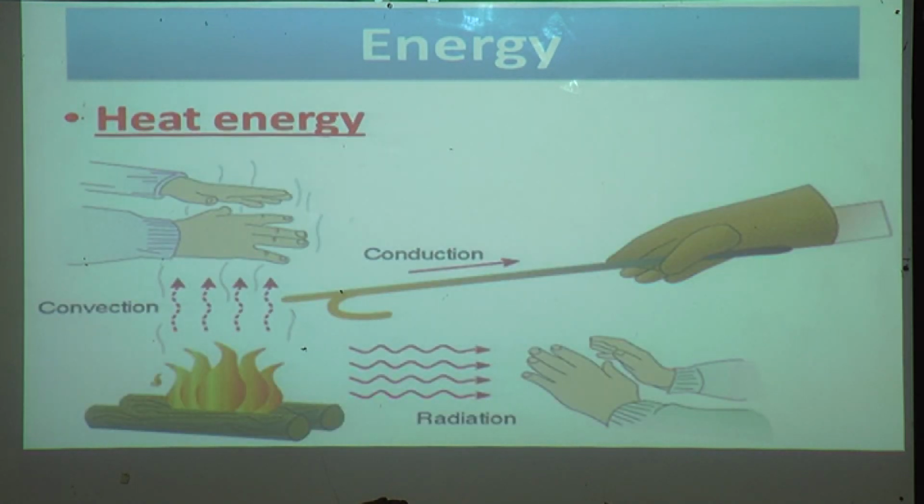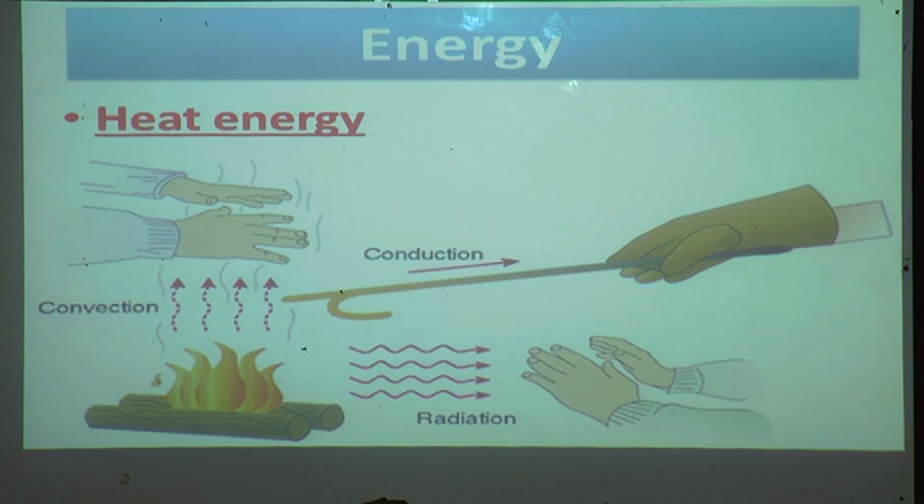Observe this picture carefully. You will understand what is meant by convection, conduction and radiation. If we burn wood, we get heat energy. Convection means that hands will absorb heat. See the second picture about conduction.